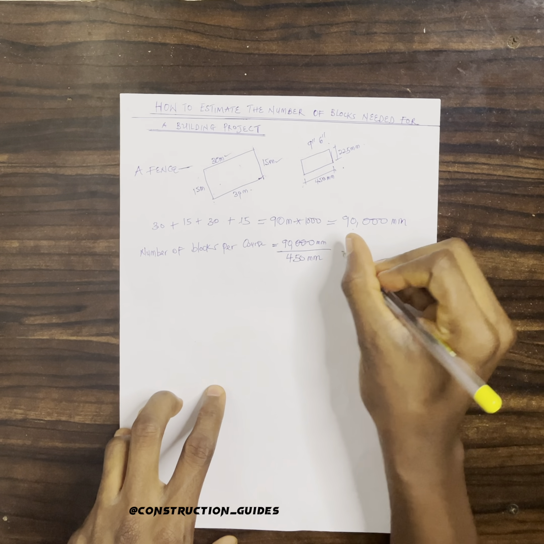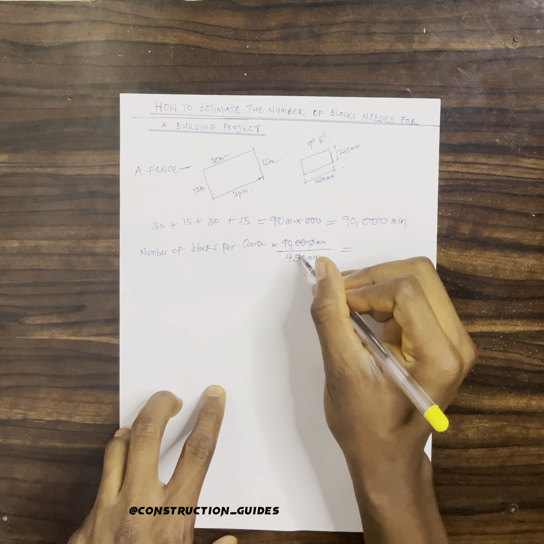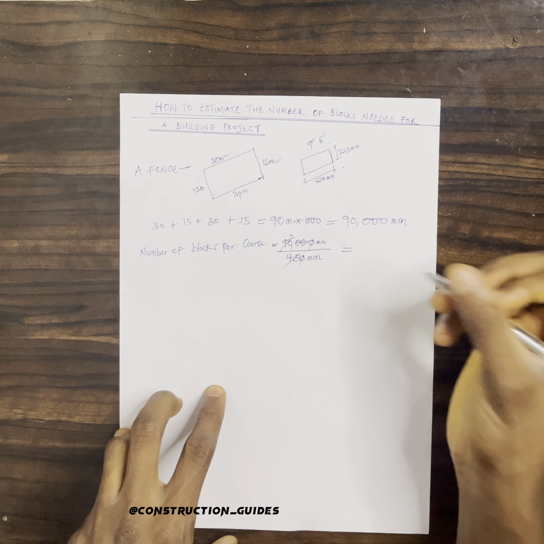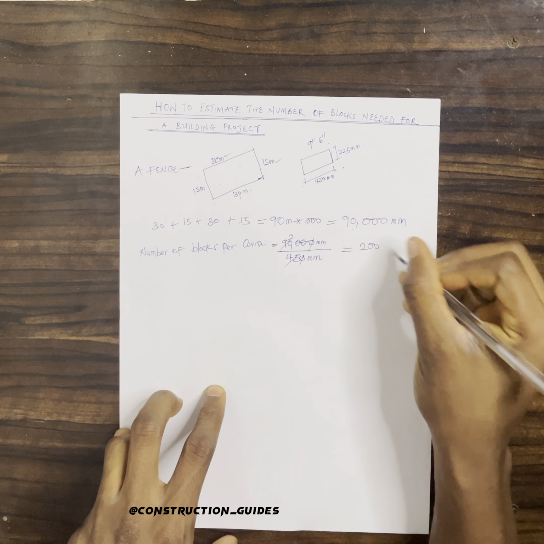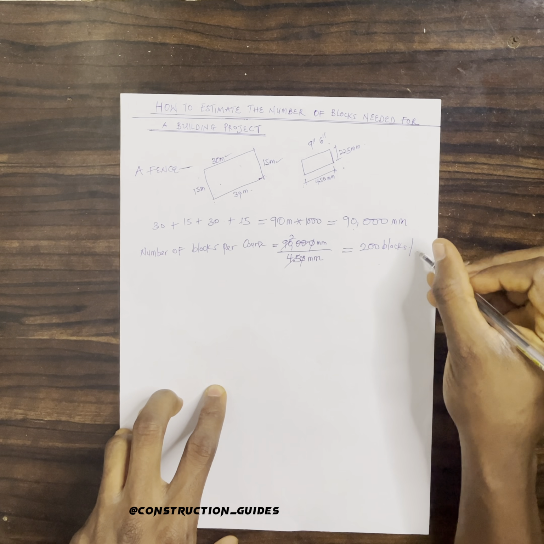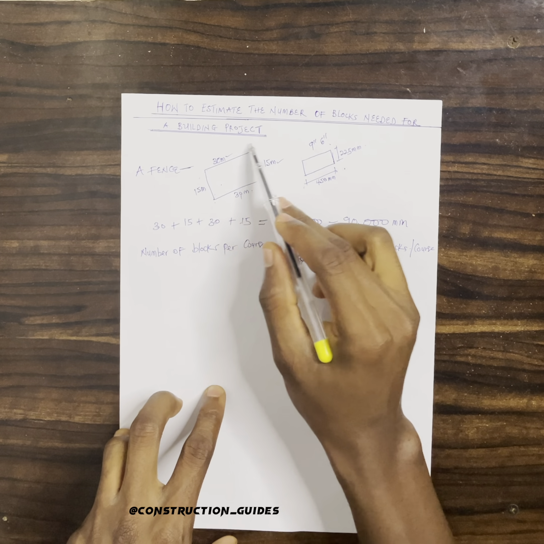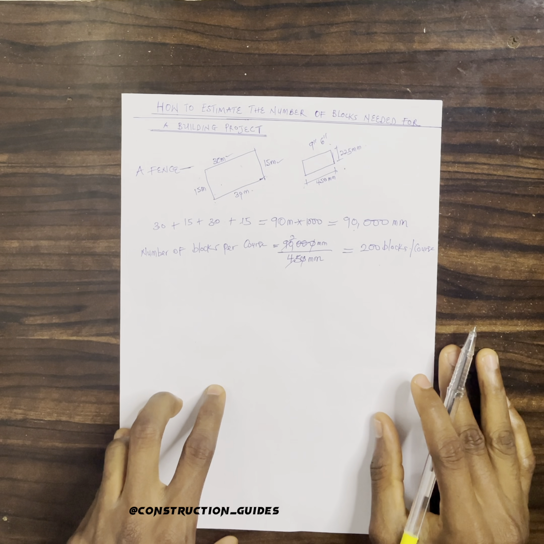Now 45 goes into 90 twice, so that will give us 200 blocks. That will give us 200 blocks per course. 200 blocks will go around here per course.